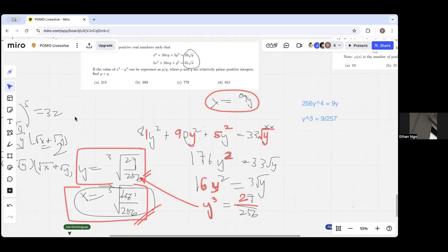And thus, y equals the cube root of 9 over 256. It's an arithmetic error, so no problem. This is supposed to be 9. Any more questions?